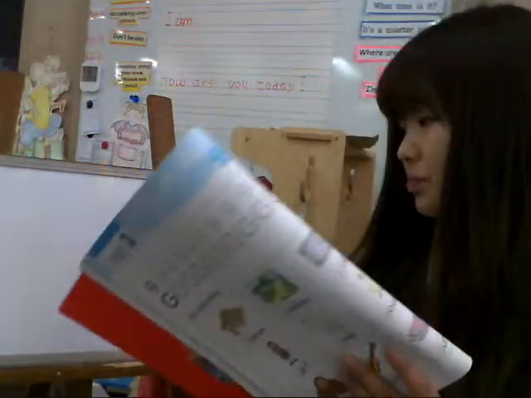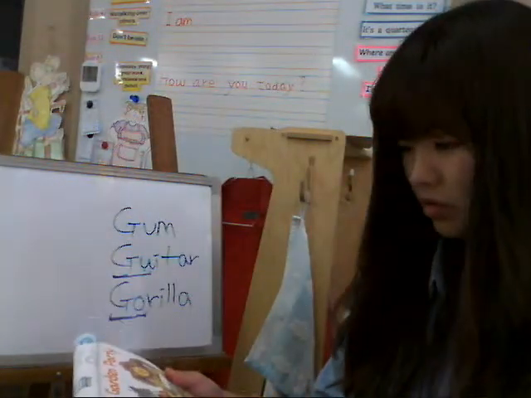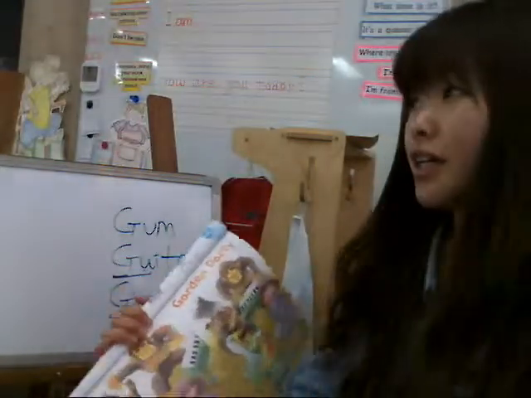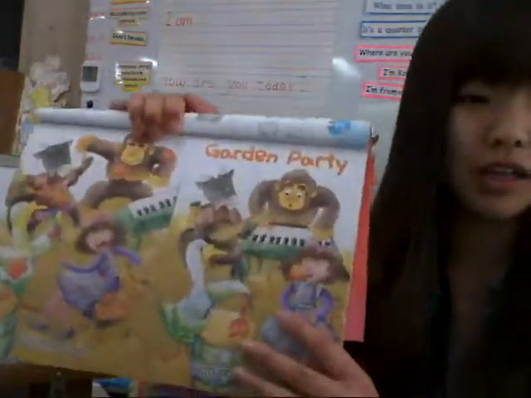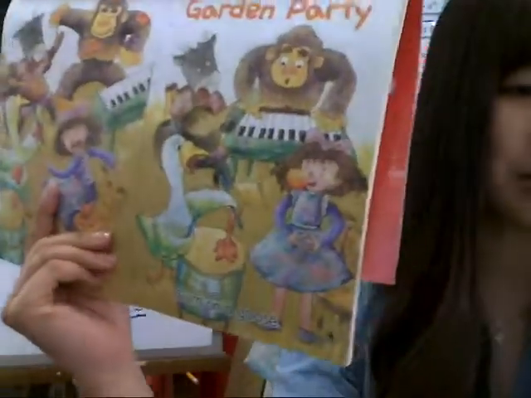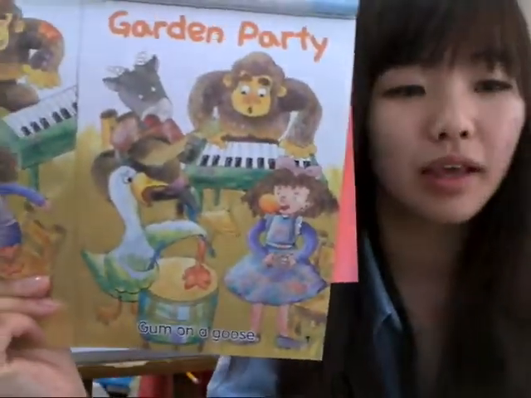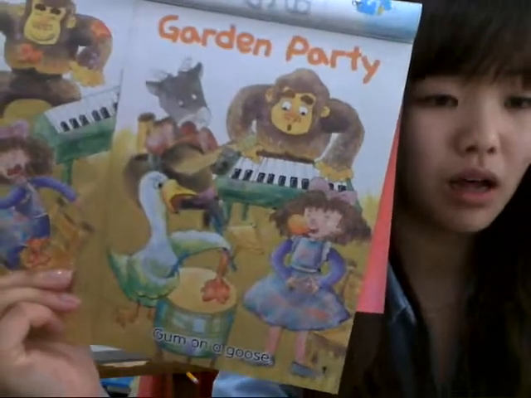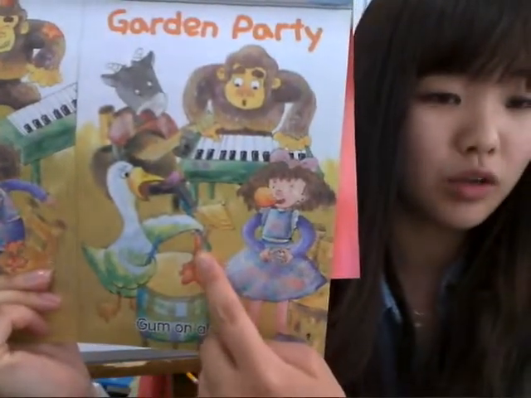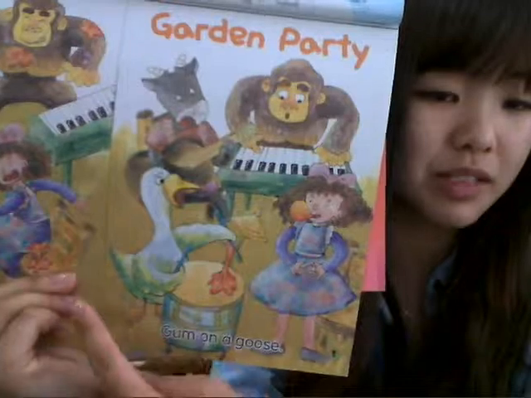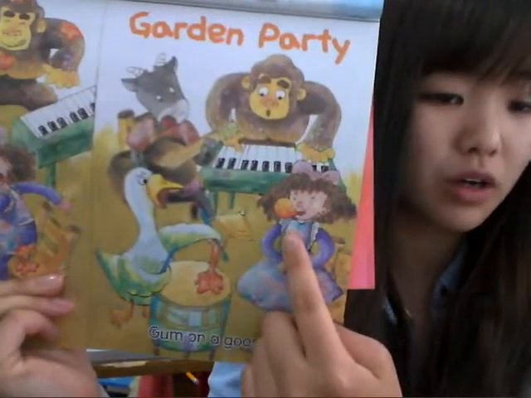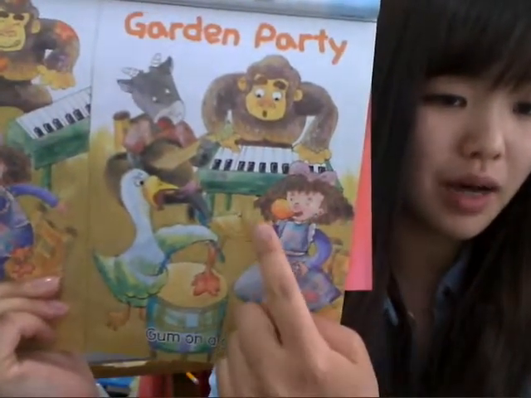Okay. Now we will read a story called Garden Party. Okay. So gum on a goose. We see a lot of instruments, right? We see this girl chewing a gum.